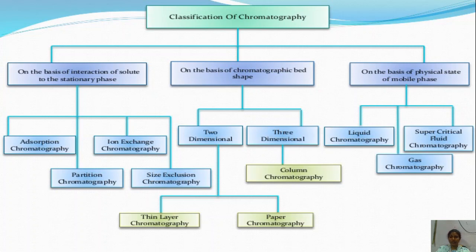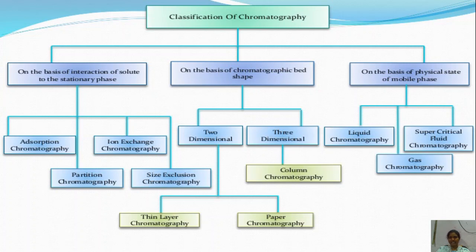In liquid chromatography, the mobile phase we are using is in the form of liquid. In supercritical fluid chromatography, the fluid which we are using is a supercritical fluid. In gas chromatography, the mobile phase we are using is a gas, like neon or argon. Gases are used as a mobile phase.